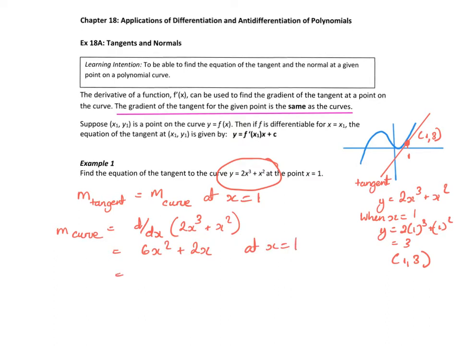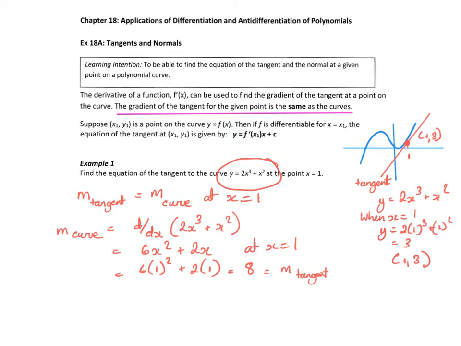So at x equal to 1, we get 6 times 1 squared plus 2 times 1, which is 6 plus 2, is 8. This means that at the point x equal to 1, the gradient of the curve is 8. It also means that that is the gradient of the tangent at x equal to 1.